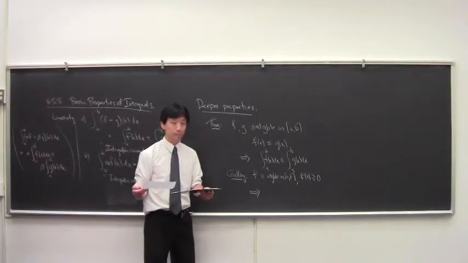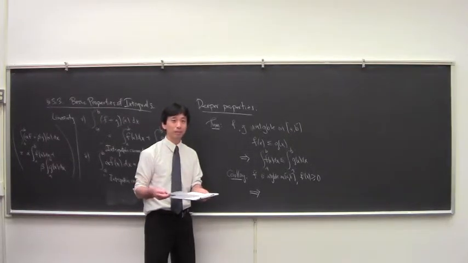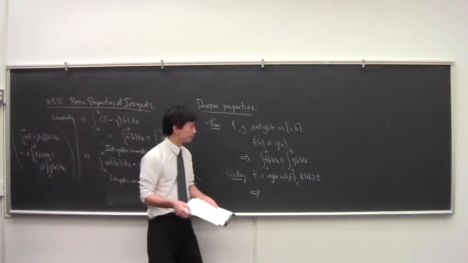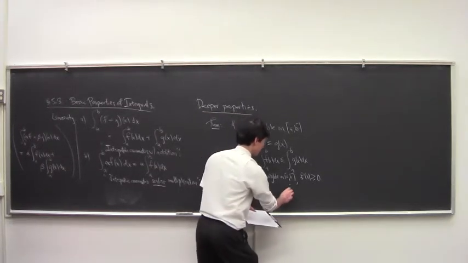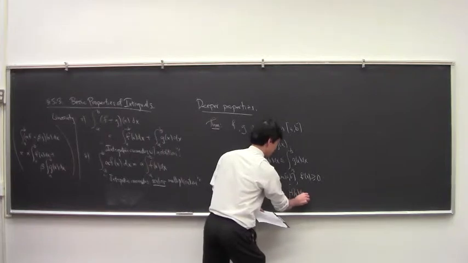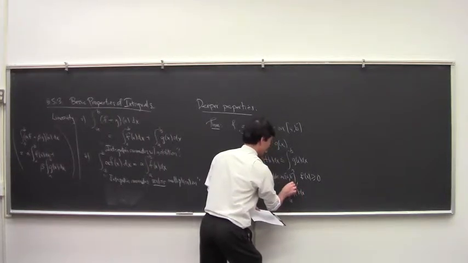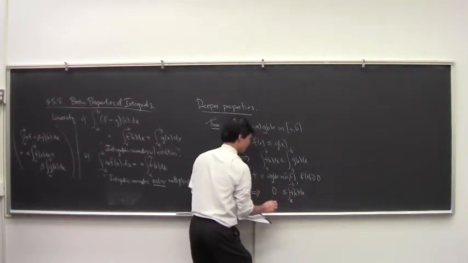Yeah, Leanna. The integral of f of x must be greater than or equal to 0? Yeah, then the integral from a to b is going to be greater than or equal to 0. So it's sort of obvious, I guess.